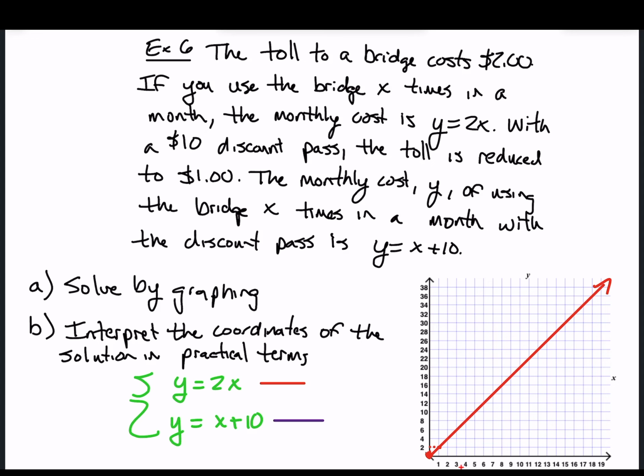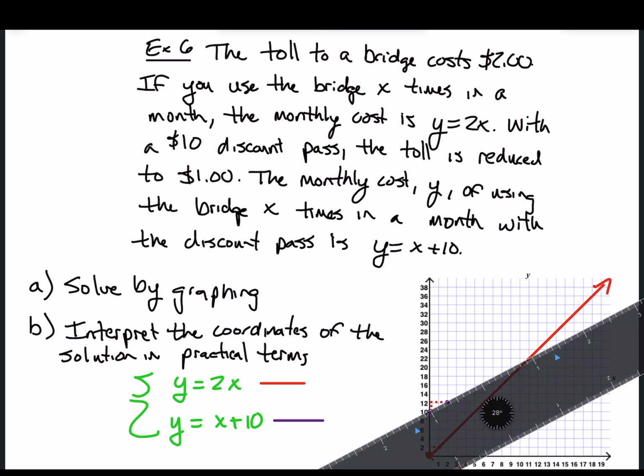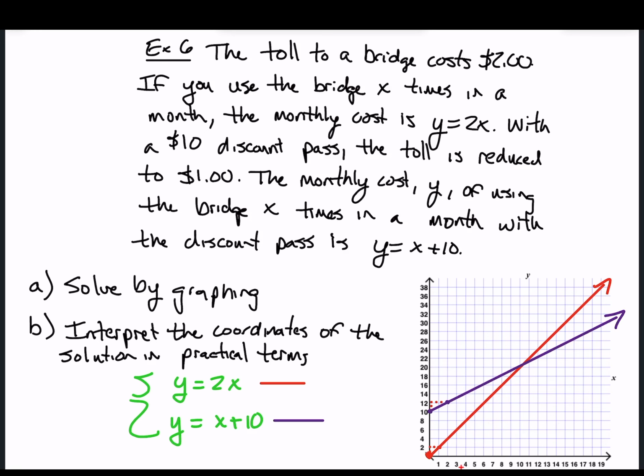And then our second equation in purple, notice that our y-intercept there is 10, and we will go up 1 and over 1. So since the scale is 2, we have to go up 2 and over 2, so it's not quite as steep. We have that point. We can use our straight edge there to go through here with our line.